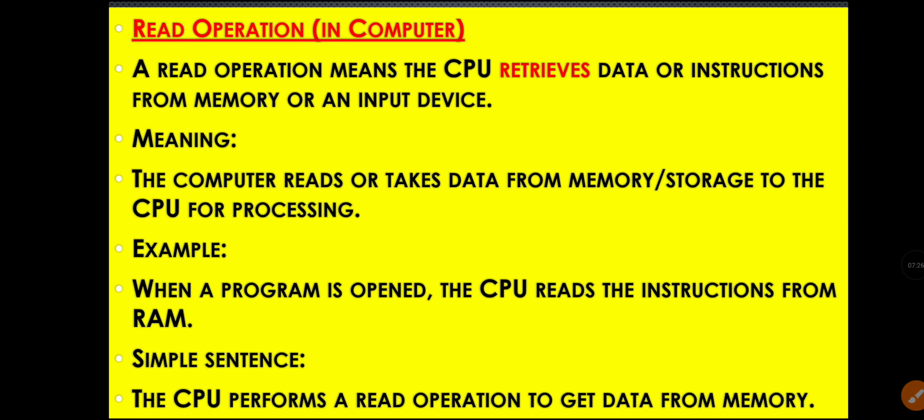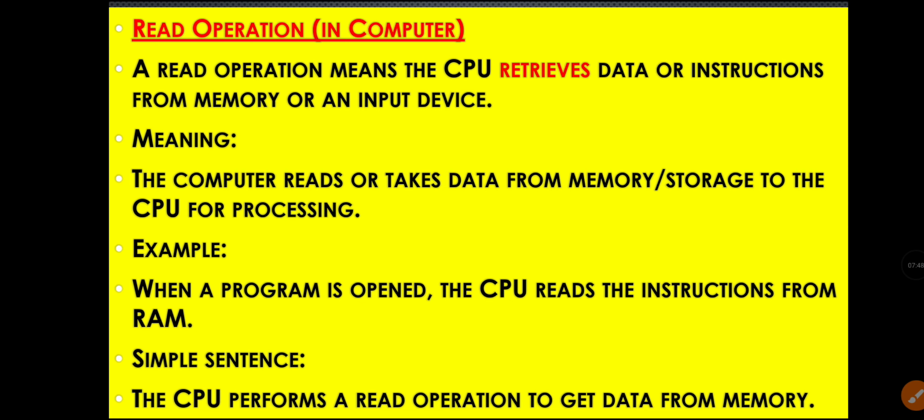So a read operation is nothing but the central processing unit recovering the data and the instructions from whom? From memory, from input devices. So this is called a read operation in a computer.